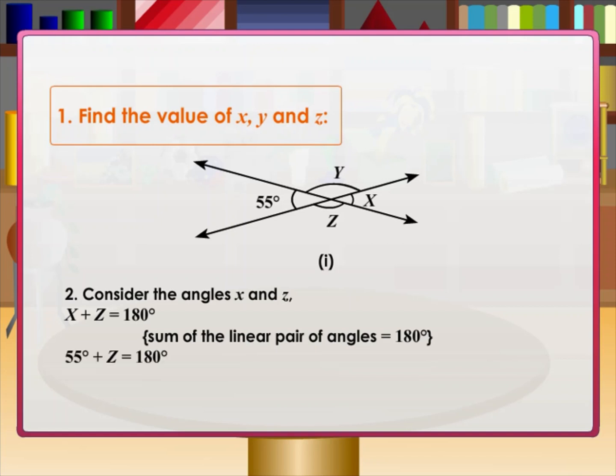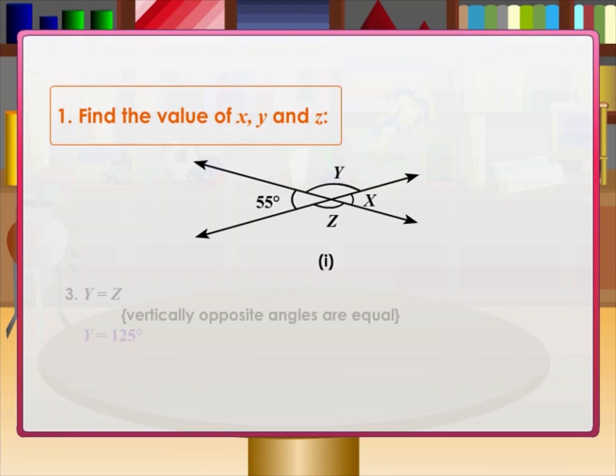Hence, 55 degree plus z is equal to 180 degree. Therefore, z is equal to 180 degree minus 55 degree. That is, z is equal to 125 degree. Here y is equal to z because y and z are vertically opposite angles. Therefore, y is equal to 125 degree.